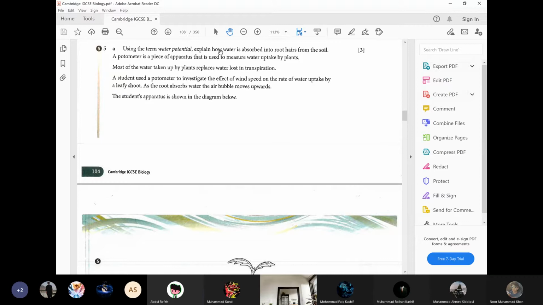So what he will tell is that in the soil, the water potential is high and in the root hair cell, water potential is low. So the water will move from the soil, from higher water potential, into the root hair cell, where there is lower water potential, across the partially permeable membrane. Understand?